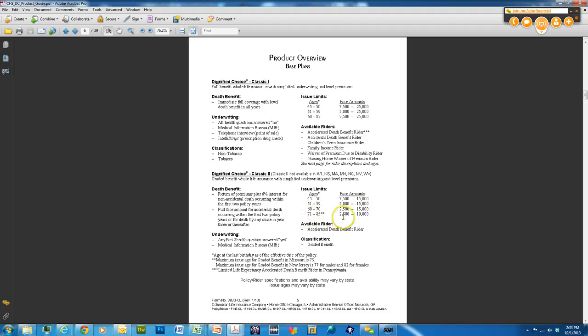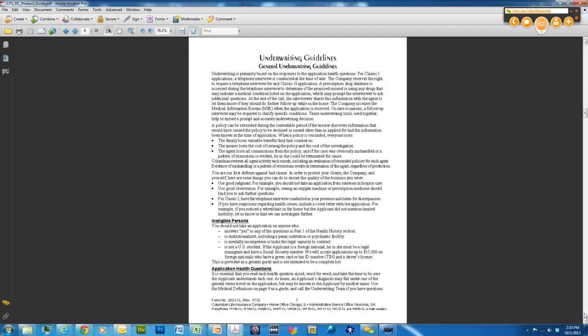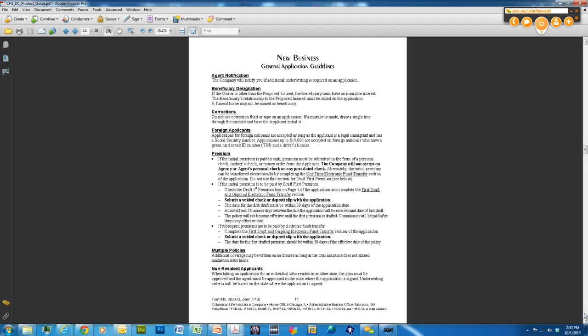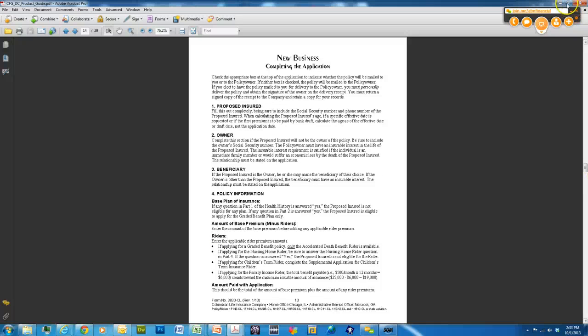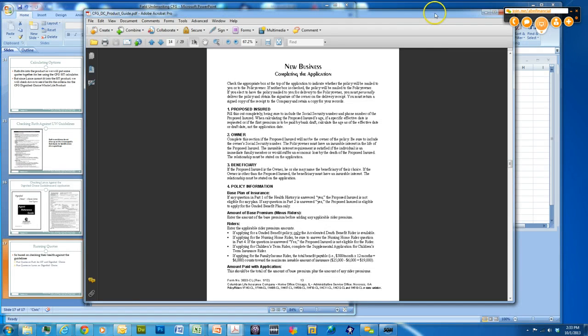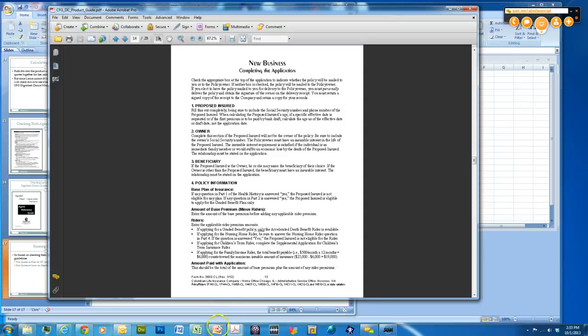But when he hits 71, it limits to 10,000. Okay, so that's what the product guide will do for us. It'll determine the age range, and there are underwriting guidelines in here as well. But really, the application will determine it for us. Let's look at that.